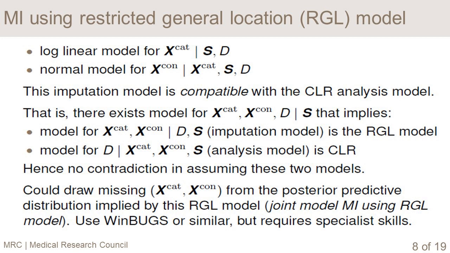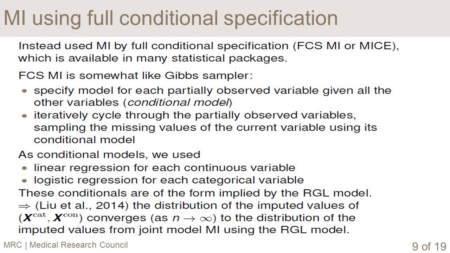You could use specialist Bayesian modeling software to do this, but we think that we want to come up with methods which could be used by statisticians who are happy using their preferred statistical package like R or Stata, but don't want to use specialist Bayesian modeling software. So, slide 9 now.